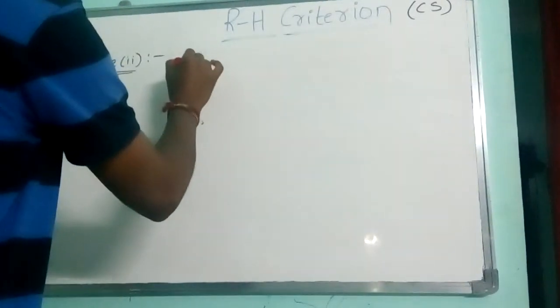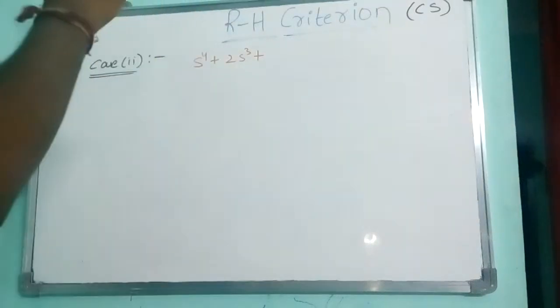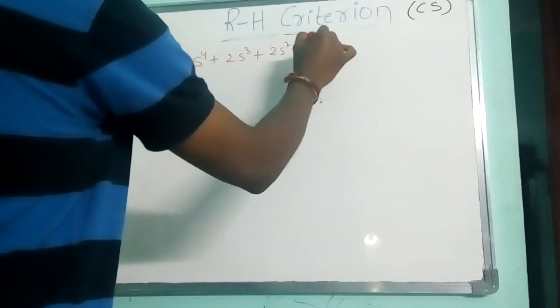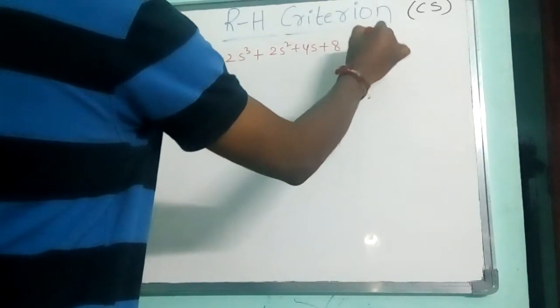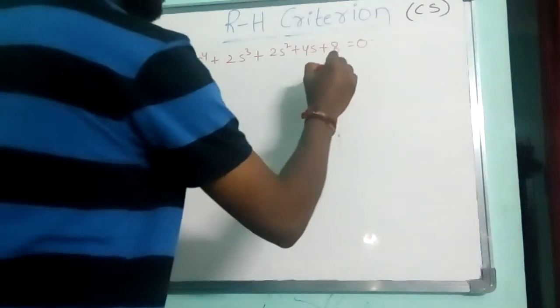So the given question is s power 4 plus 2s cube plus 2s square plus 4s plus 8 equal to 0. This is the question given and they are asking for the stability of the system.